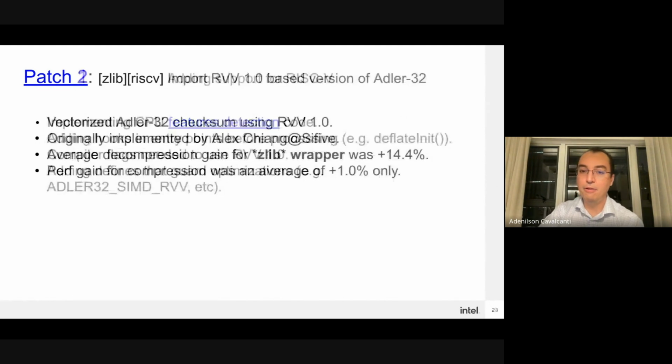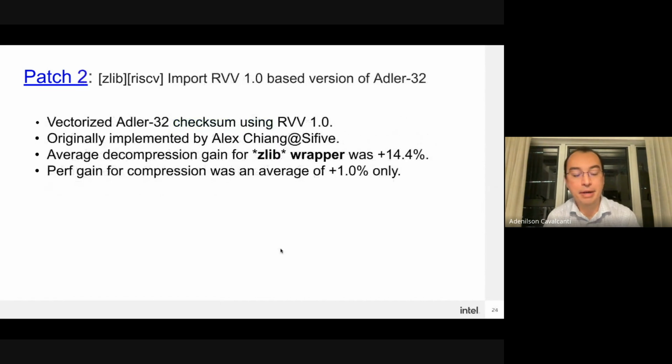The following patch was more interesting, where basically Alex Young from SiFive implemented a vectorized Adler32 checksum. I believe he contributed that to a zlib, which is another fork of zlib.